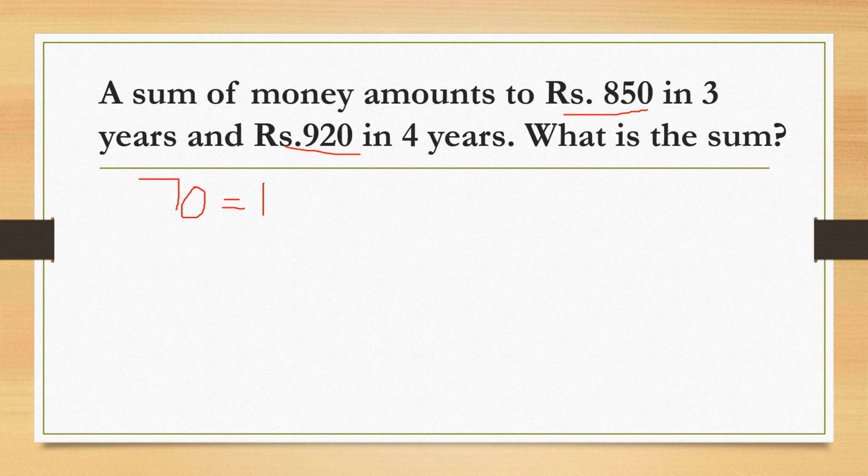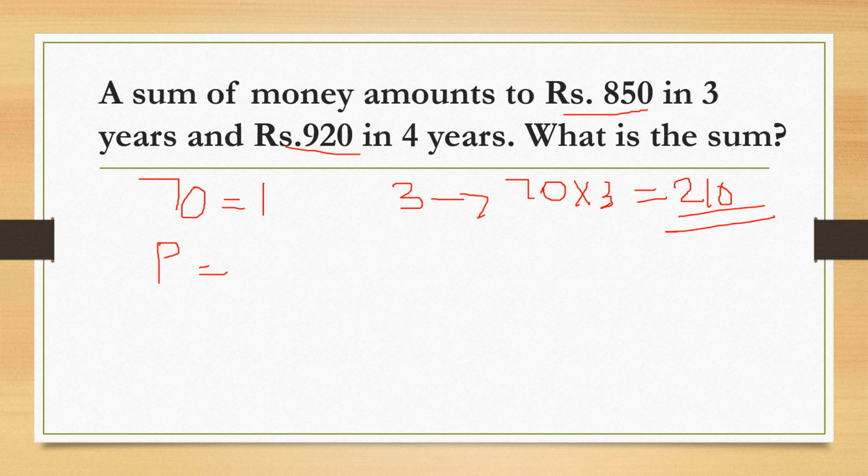What is the sum? We have to find out the sum. So what is the simple interest for 3 years? That is 70 into 3, that is 210. To find the principal amount, what we have to do is subtract 210 from 850.